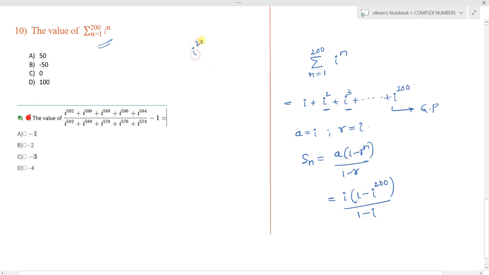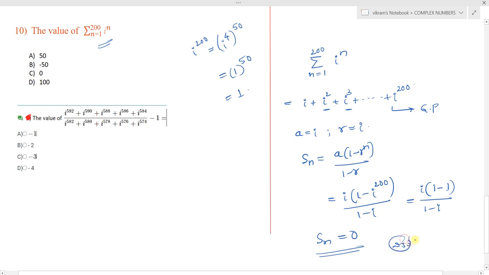It is i power 4 power 50. i power 4 is 1, and 1 power 50 is simply 1. So we get i times (1 minus 1) by (1 minus i). Since 1 minus 1 equals 0, the given summation is 0. This is the way of solving problems in competitive examinations. So option C is correct.